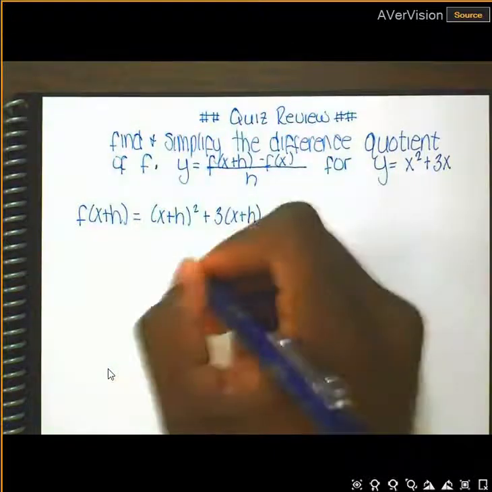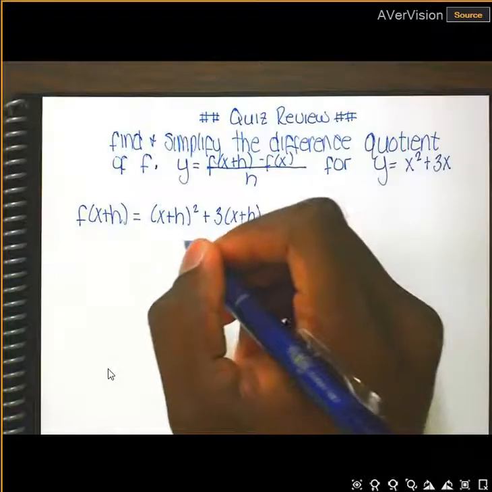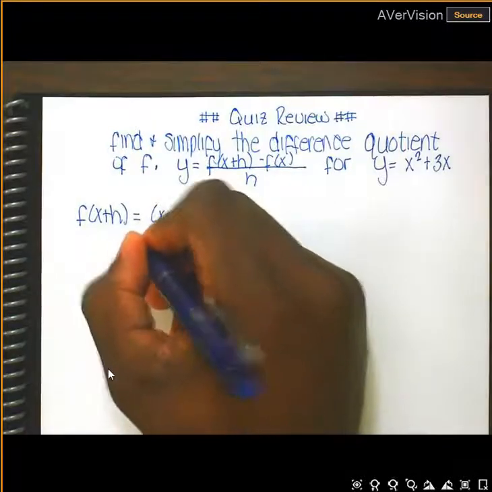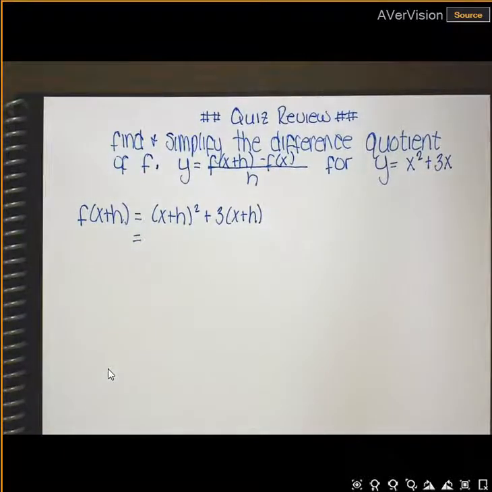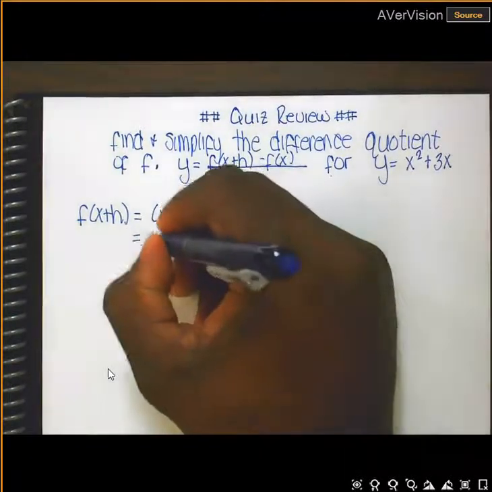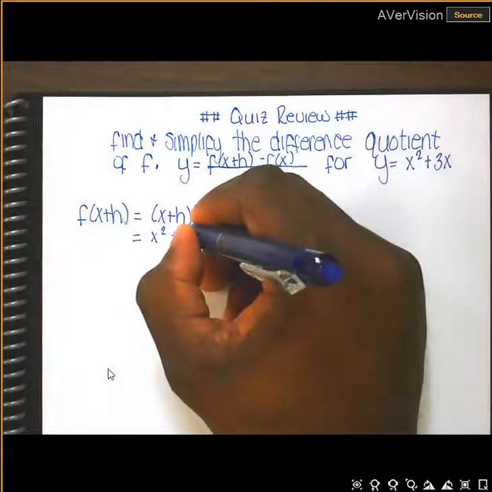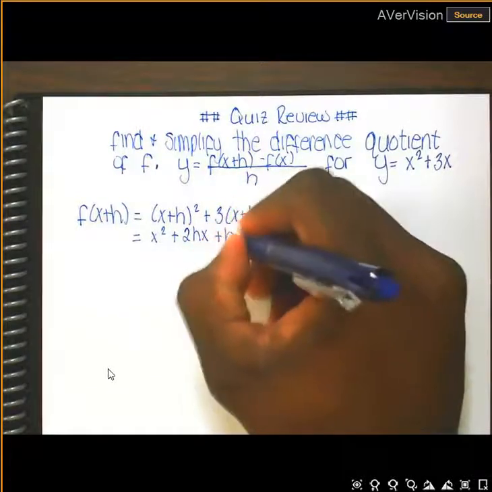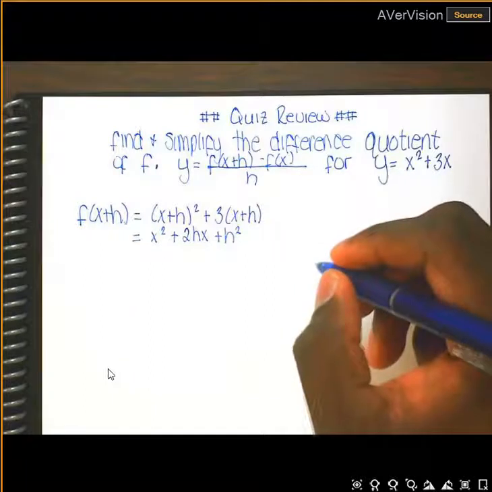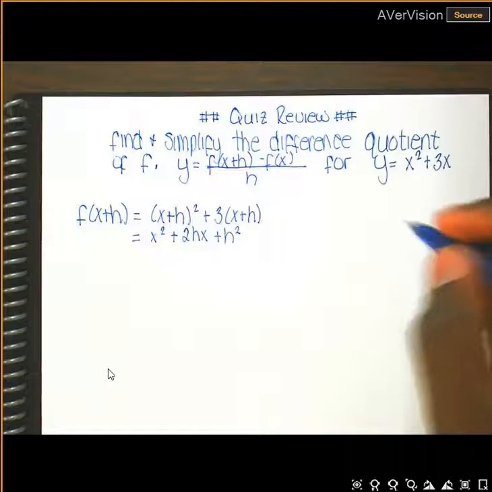All right, and we should expand this. What is x plus h squared expanded? And then for the second one, all we have to do is just distribute the 3.